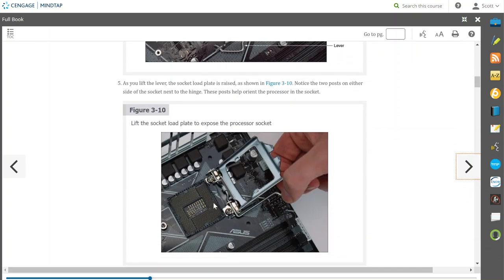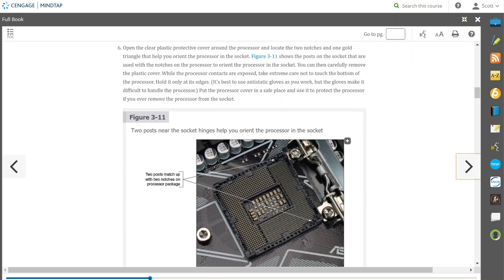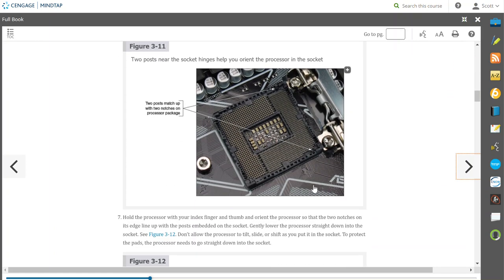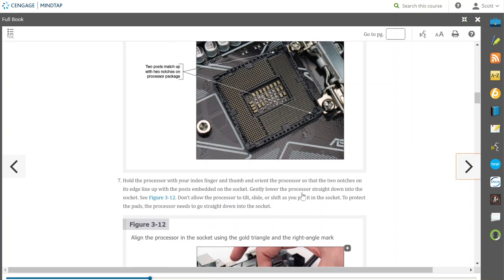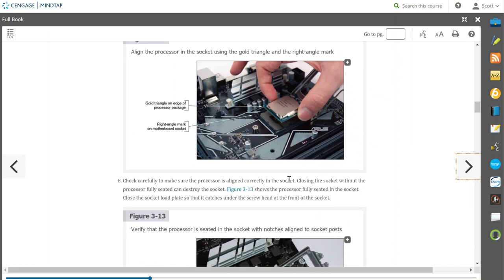Now we talked about opening the socket and how you put the processor in and lock it down. We talked about that before, and the different types. Okay. The main thing is knowing that there are notches and that you'll line up the notches on the processor with the notches on the motherboard. It only goes in one way.